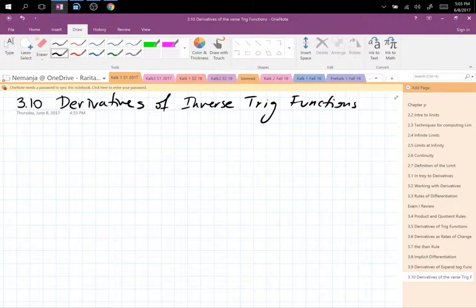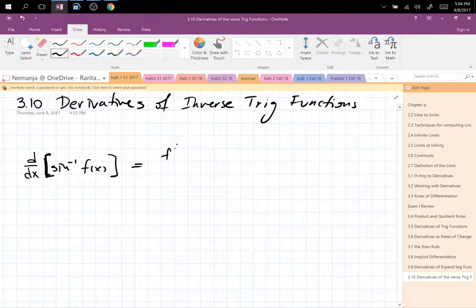We start with the derivative of inverse sine of f of x. Now obviously f of x also contains x in that set, so it can be reduced to the formulas given in the book.